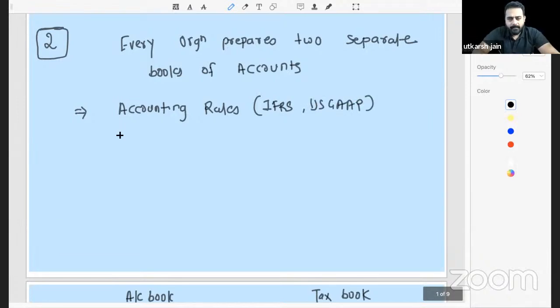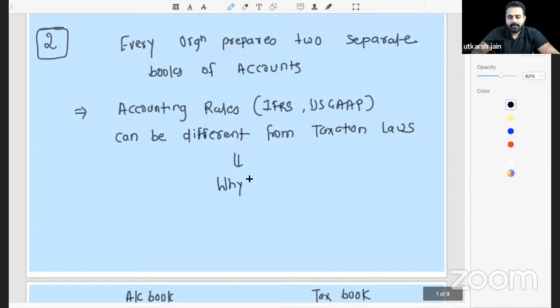So accounting rules can be different from taxation laws. So accounting rules are different and taxation laws are different. Okay. Then the question you want to ask yourself is why? Why create so much complication? Why are the accounting rules different? Why is the taxation law different?